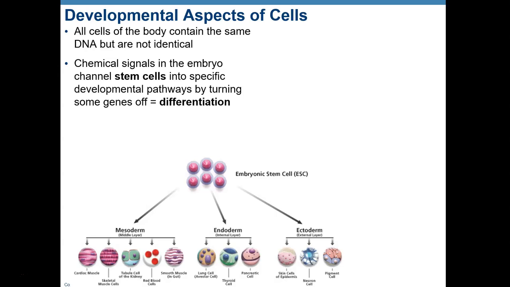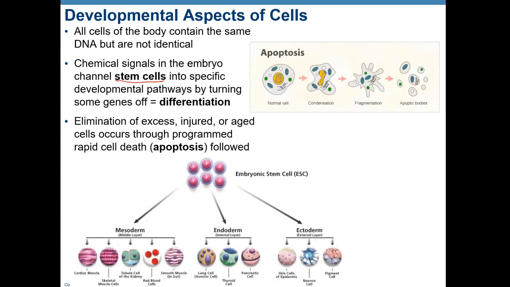There are signals that are released at certain stages in our life, and they make stem cells go into a certain pathway, or convert into a certain developmental pathway. And this begins what we call differentiation of our cells. So some genes are expressed in red and make certain proteins, and other cells, depending on what their developmental pathway is, will express different genes or translate and make different proteins.